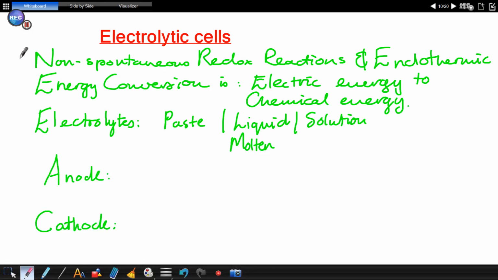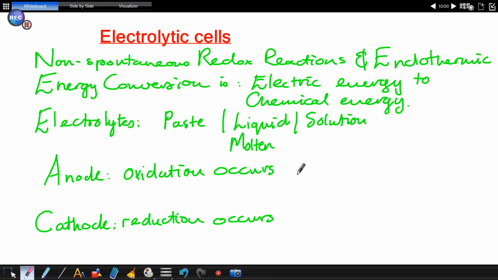What is the definition of an anode? It's the electrode where oxidation occurs. And the cathode is the electrode where reduction occurs. Oxidation is a loss of electrons, and reduction is a gain of electrons.